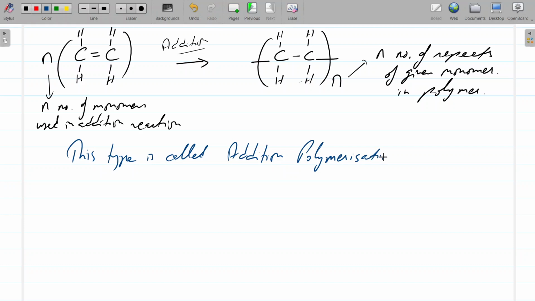Why? First of all, you're doing an addition reaction like we studied yesterday. Plus, another feature is you are getting only one product, which is the polymer itself.